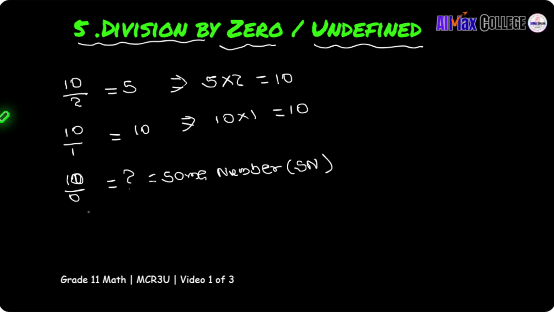Now, in the same case, if 10 divided by 0 is some number, that number times 0 should equal 10.